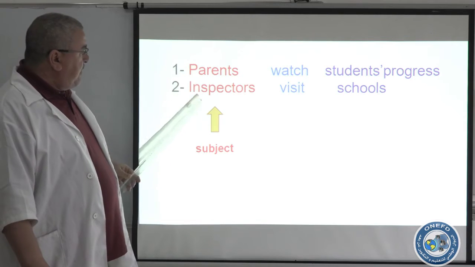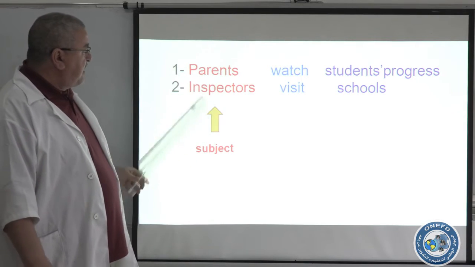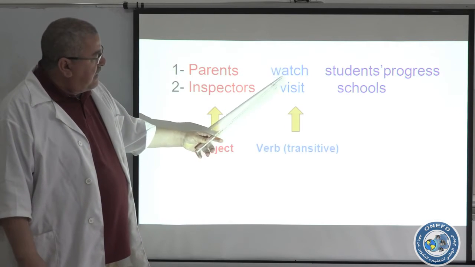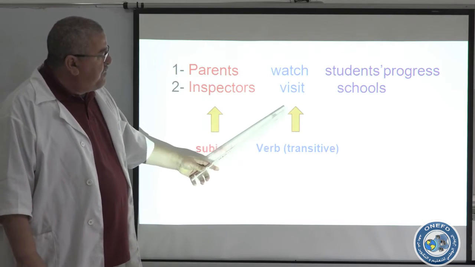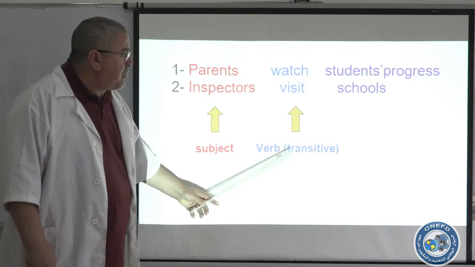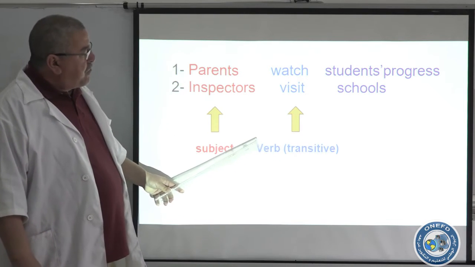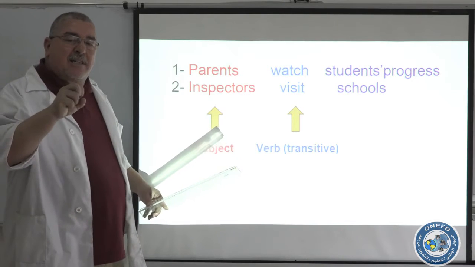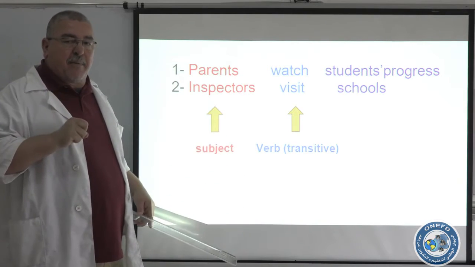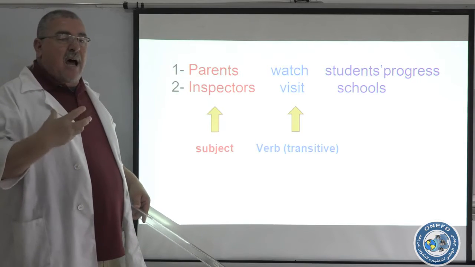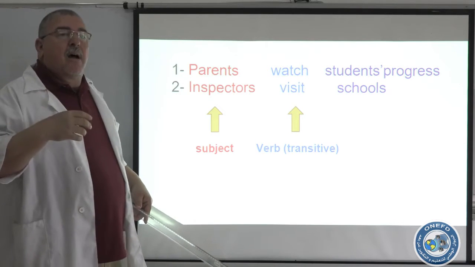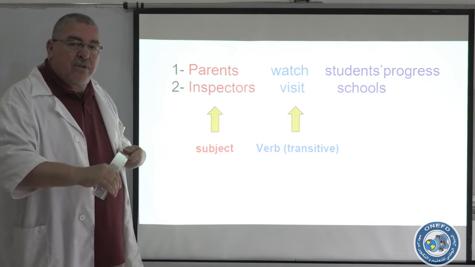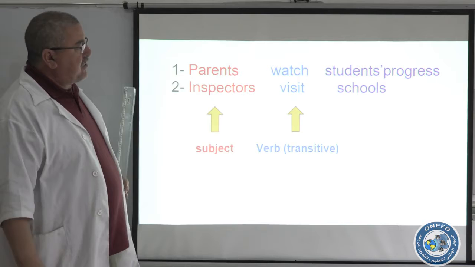Parents and inspectors function as the subject here. The 2nd part is the verb, which is a transitive verb. A transitive verb is a verb which needs a direct object complement. That is, you say, I eat what, I write what, I break what. That is the direct object complement.